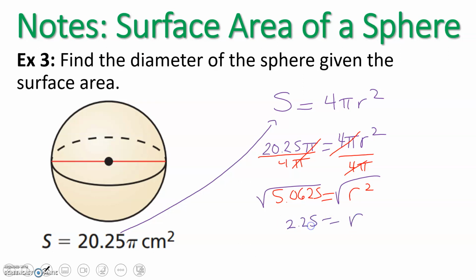Now, the question is not what is the radius, but rather what is the diameter. We know the diameter is 2 times radius, so in this case, that's 2 times 2.25, or 4.5 centimeters for our diameter.